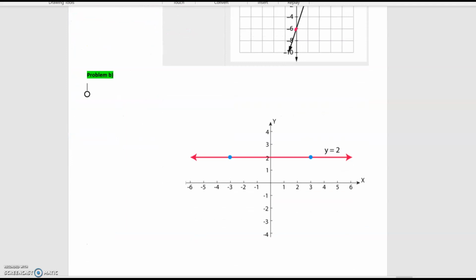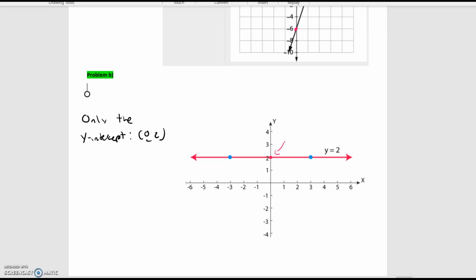Now problem B, they want us to find the intercepts, but this one is a horizontal line, so you're only going to have one value. So in this case, only the y-intercept, which happens to be at 0, 2.